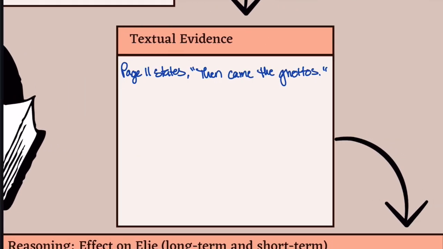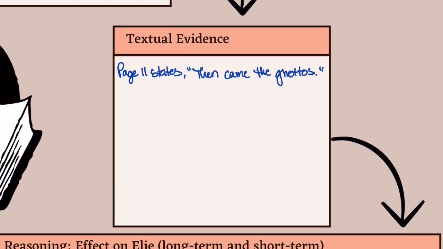So let's go back to our tool. We have another really good piece of evidence here. I'm going to go back to my blue color. So we have page 18.